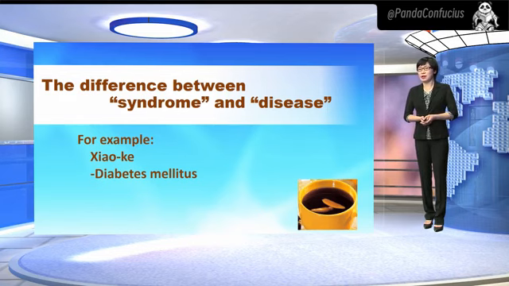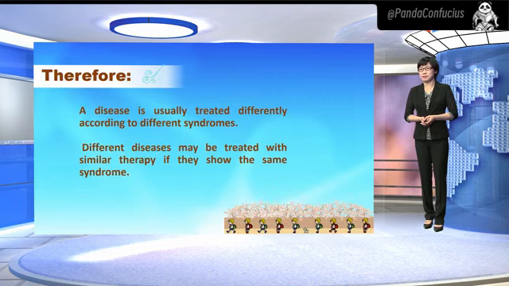The same syndrome pattern can be treated with the same therapy. Therefore, a disease is treated differently according to different syndromes. Different diseases may be treated with similar therapy if they show the same syndrome. This is why TCM treatment determination is based on syndrome differentiation more frequently than on disease diagnosis.